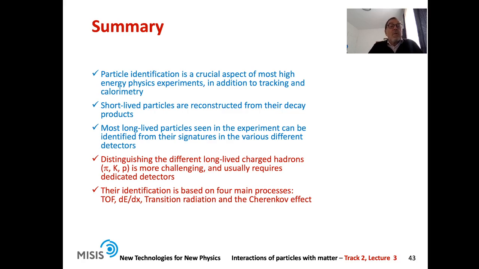Most long-lived particles seen in the experiment can be identified from their signature in the various different detectors. Distinguishing the different long-lived charged hadrons, pion, kaon, proton, is more challenging and usually requires dedicated detectors, and their identification is based on four main processes: time of flight, dE/dx, transition radiation, and the Cherenkov effect.